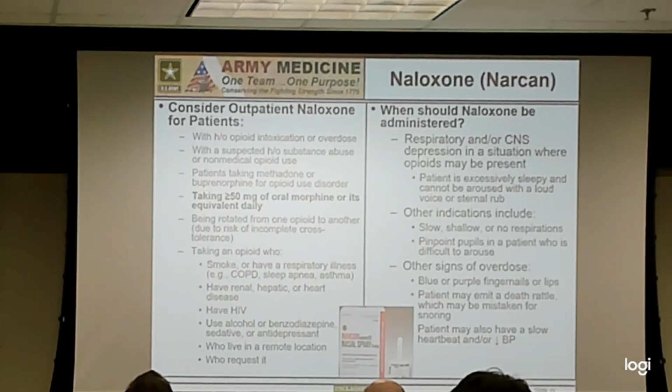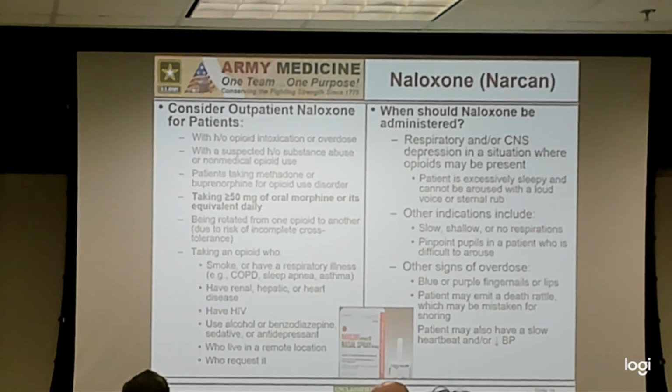Anybody that has greater than or equal to 50 MMEs are going to be the ones you're going to be giving this to as a rescue, just in case they need it. What else do I need you to know about this? That's the main thing. If they have opioids over 50, make sure that you're giving them some naloxone.